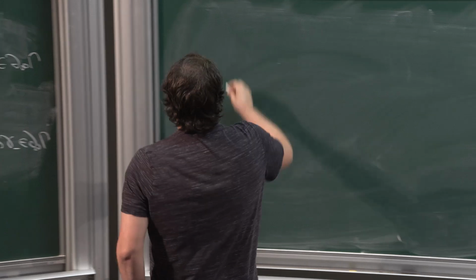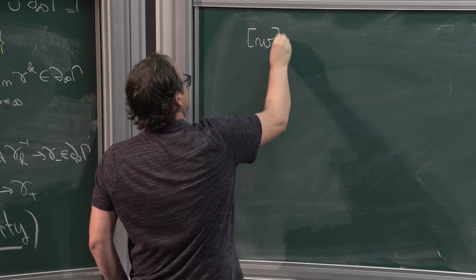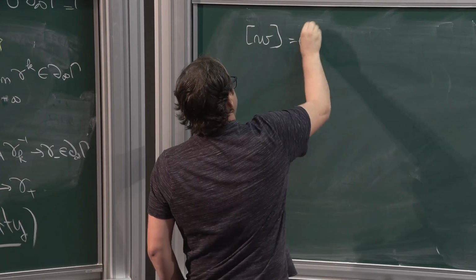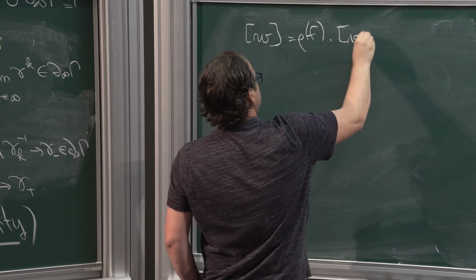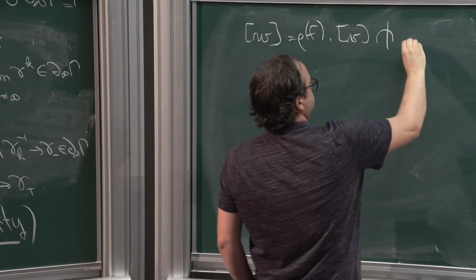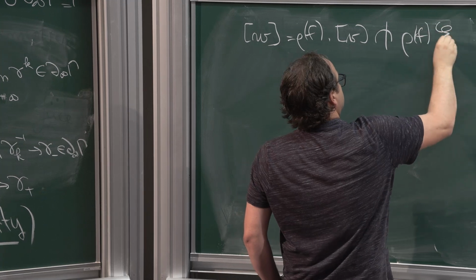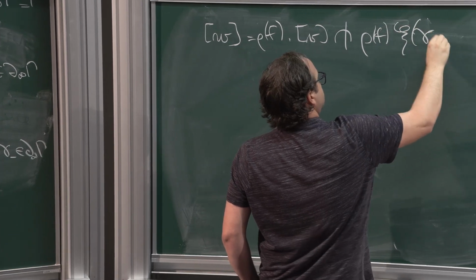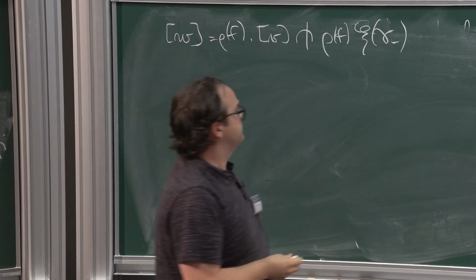All right, if we look at our W, this is rho of f times V. So this is transverse to rho of f acting on psi of gamma minus. That's our hypothesis.